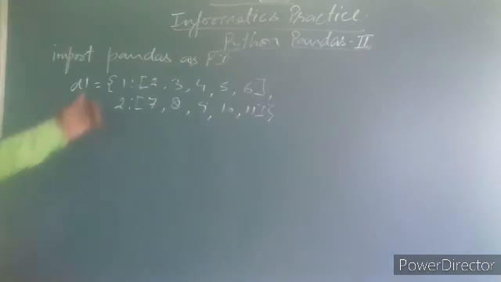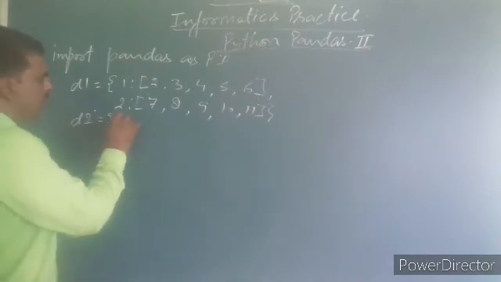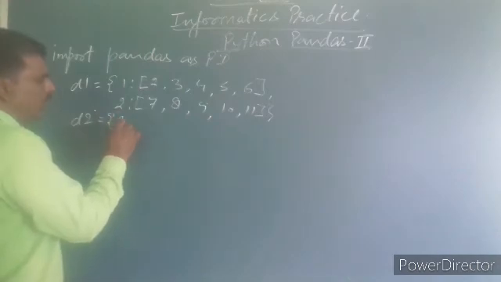So one data set we are having like this. After that we are taking another data set like 2. d2 equals another data set, in that we are writing 2.